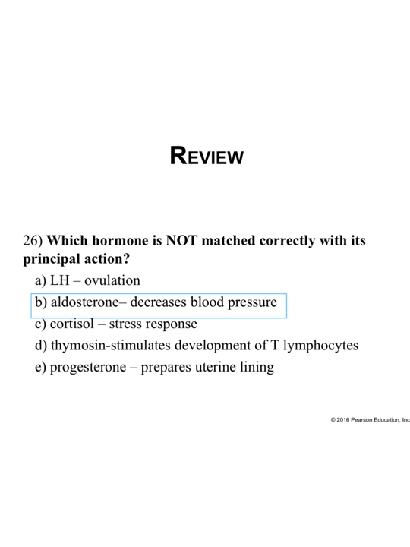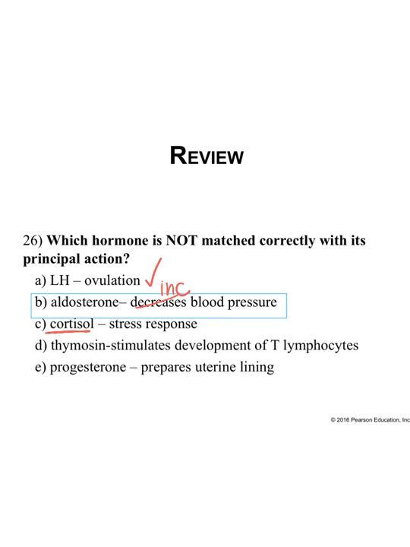Okay, which one of these hormones is not matched with its action? LH does trigger ovulation. That is true. Aldosterone helps increase blood pressure. So that's the false one. Cortisol is released in response to stress by the adrenal cortex, by the middle layer, zona fasciculata, and the inner layer, zona reticularis.